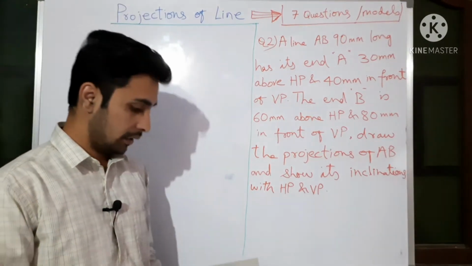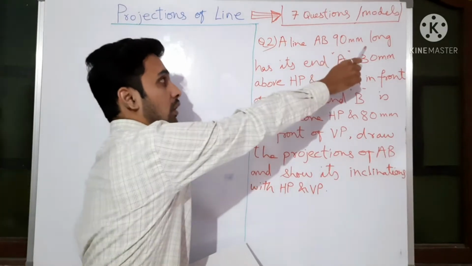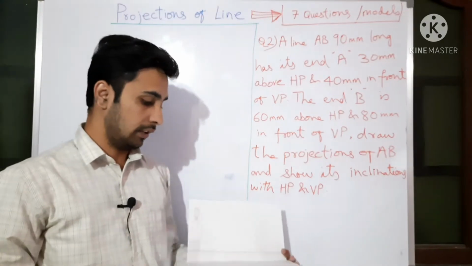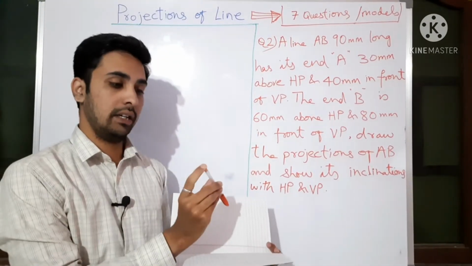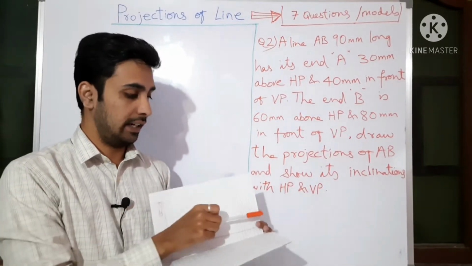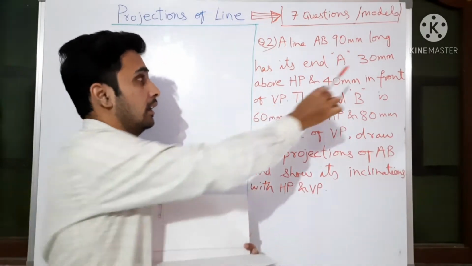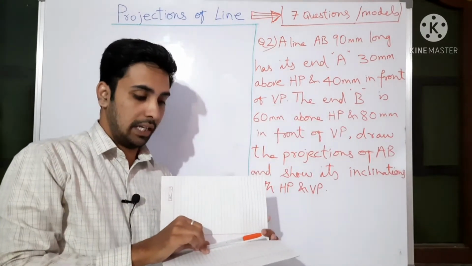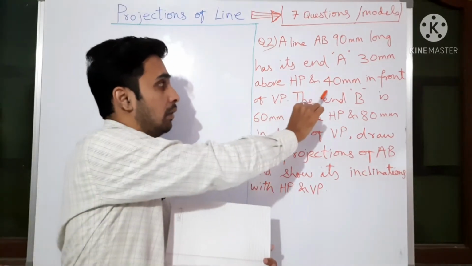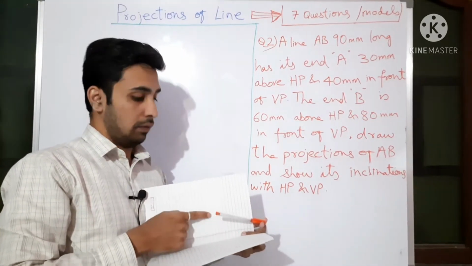A line AB, assume this is the line AB, 90 mm long, has its end A 30 mm above HP. This end A is 30 mm up, and with respect to VP it is 40 mm in front.